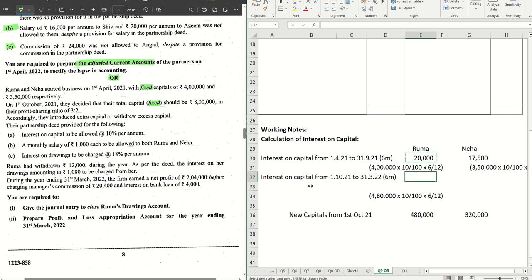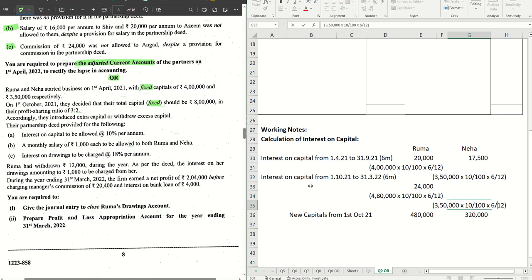If in the same calculation we just replace the amount here, make it 4,80,000, we get 24,000. And the same calculation that we did for Neha, then we have to replace 3,50,000 with 3,20,000, right? So let's do the calculation and we get 16,000.